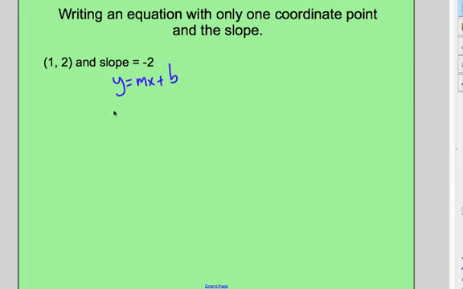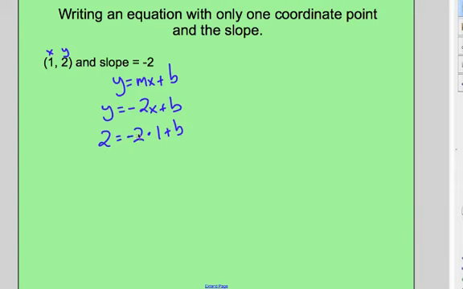Okay, let's see what you did here. So y is equal to -2 x plus b. If I take my 2 points here, plug 2 in for y, because this is my x value, this is my y value, so it's going to be 2 equals -2 times 1, because that's my x value, plus b.